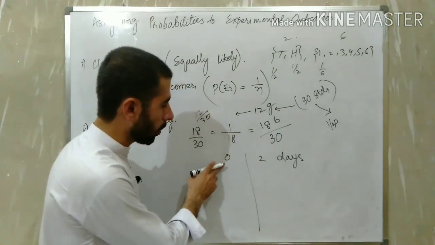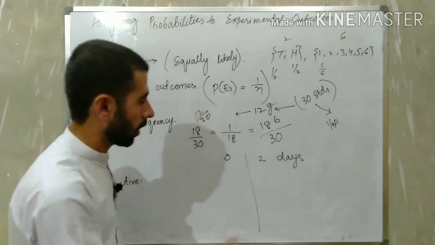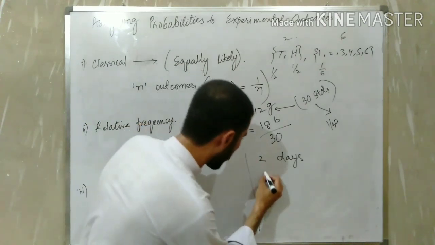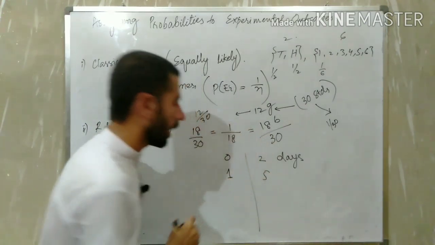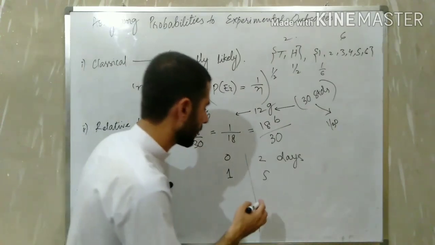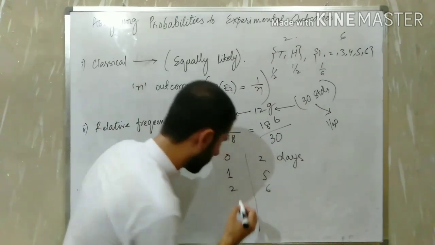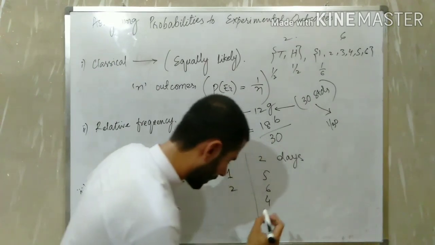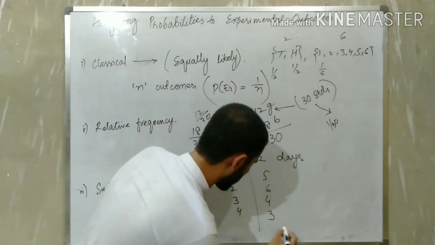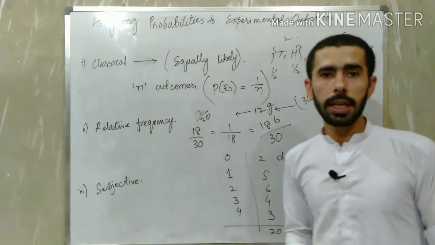There were 0 patients, and that has happened 2 times in 20 days, and 5 times there was a single person waiting for the doctor when he was coming to the clinic at 9 a.m. Similarly, on 6 days there were 2 patients, on 4 days there were 3 patients, and on 3 days there were 4 patients. So it has been the data of 20 days.